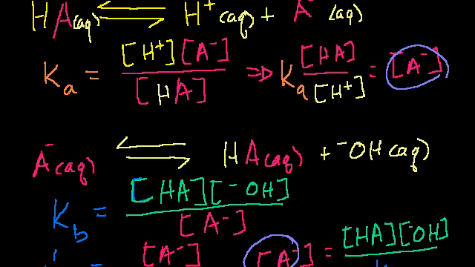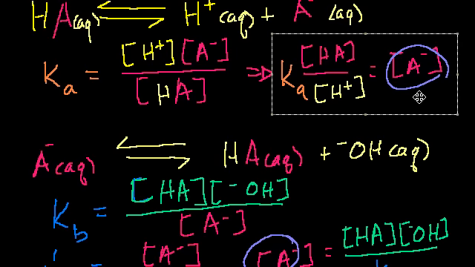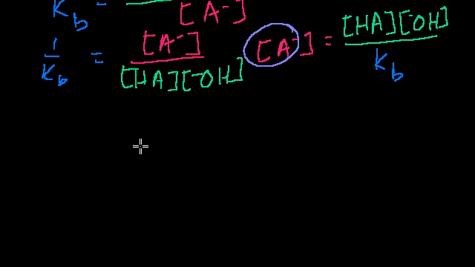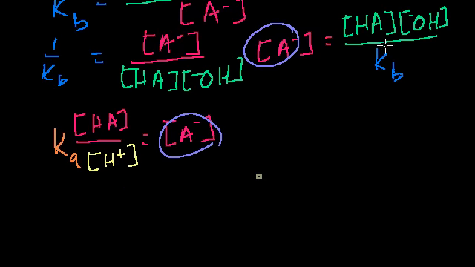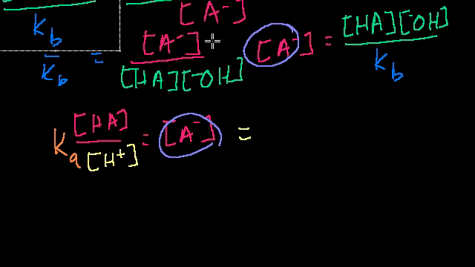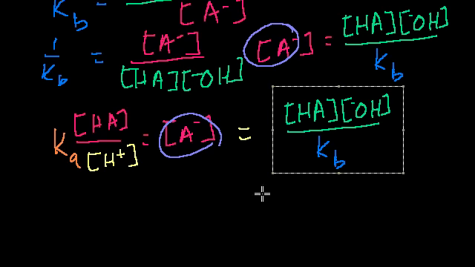So this thing is equal to this thing right here. That's equal to that. So let's see if we can find a relationship between Ka and Kb.